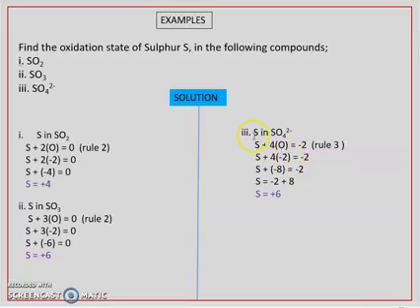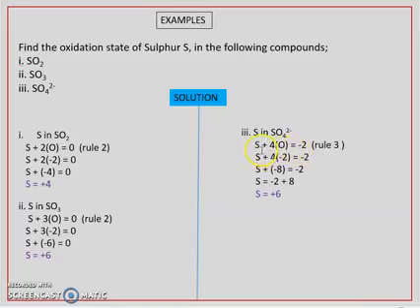So if you come to the third one, the third one is the oxidation state of sulfur in this radical. Remember, this is SO4 2 minus. This is not a neutral compound, it has a charge. So remember also, rule 3 says that the sum of the oxidation states of a radical is equal to the charge. So what it means is that the oxidation state of sulfur plus that of oxygen will give you the total charge, which is minus 2.